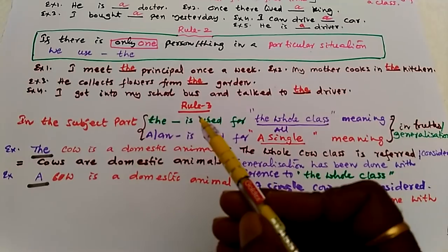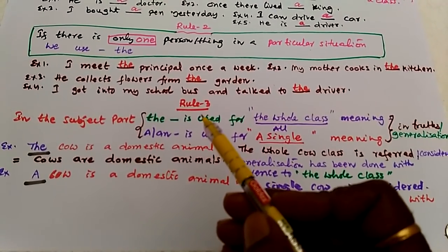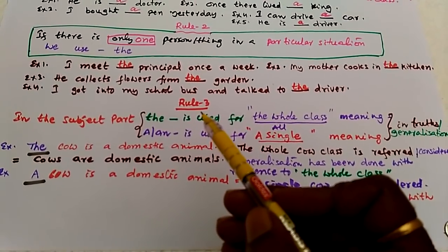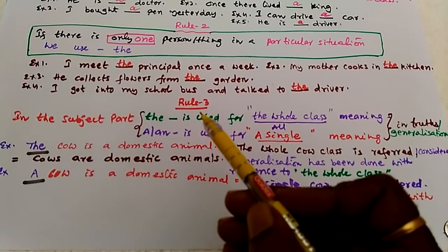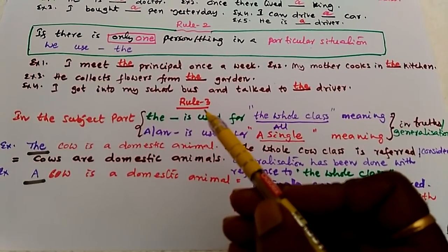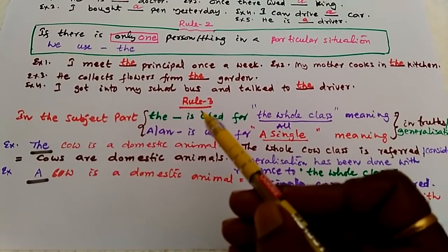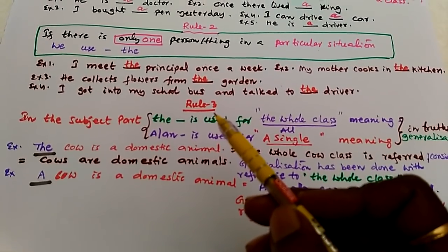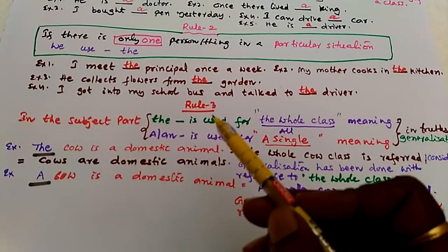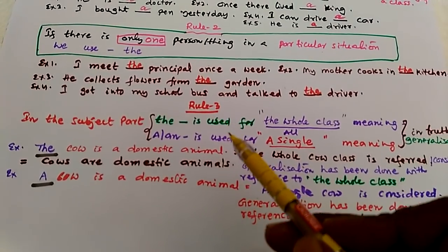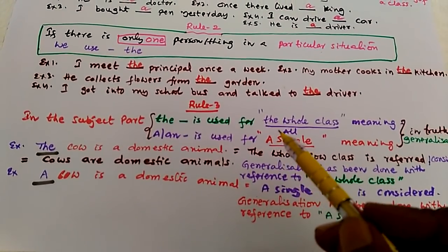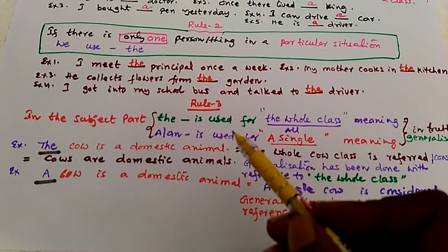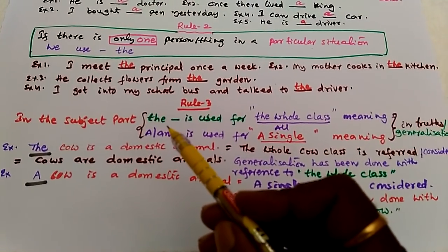Next, rule number 3. Sometimes we would like to make generalizations, and these generalizations can be taken from the viewpoint of the whole class or from a single unit. When we do the generalizations from the viewpoint of the whole class, we use the.